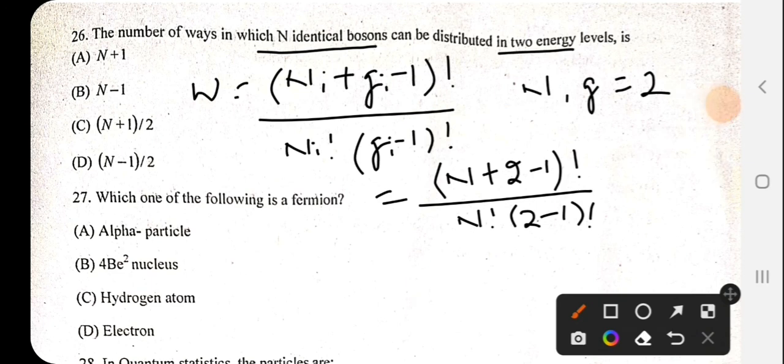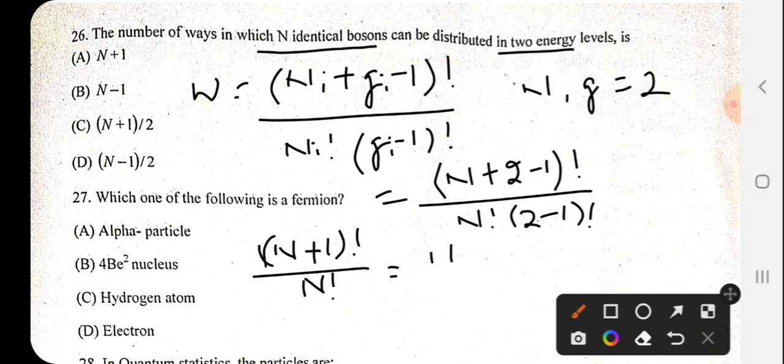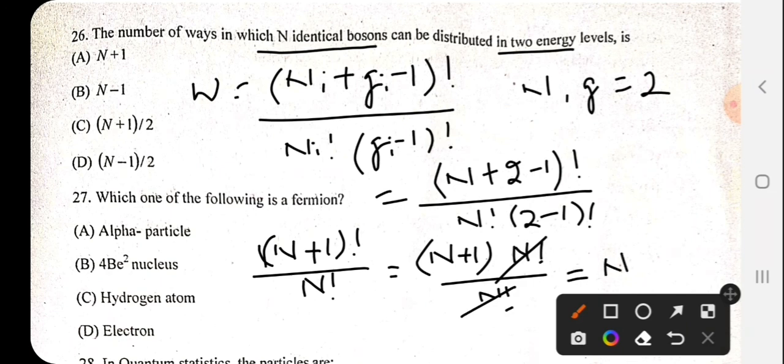So this will be (n plus 1) factorial divided by n factorial. (n plus 1) factorial can be written as (n plus 1) multiplied by n factorial, divided by n factorial. The n factorial cancels out, and the answer will be n plus 1. So option number A will be correct.